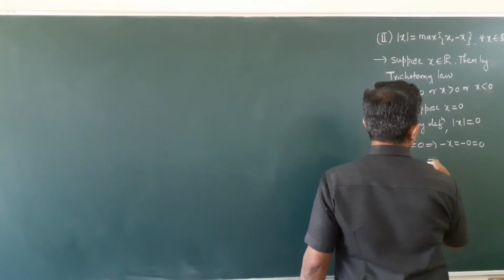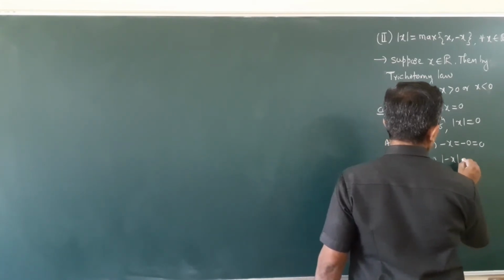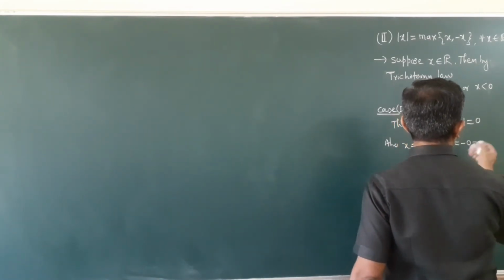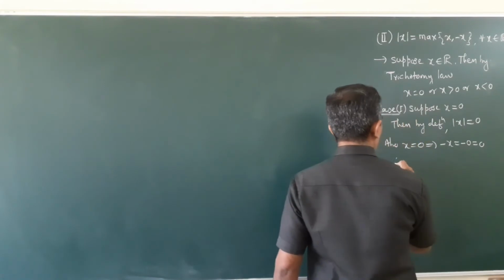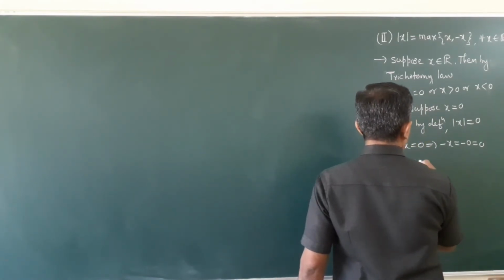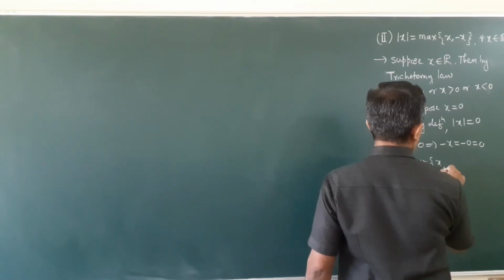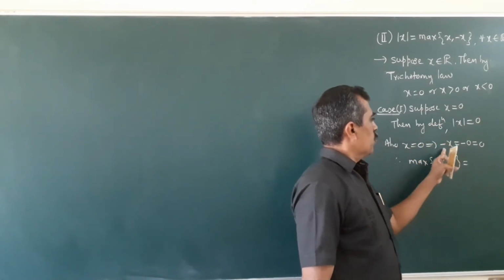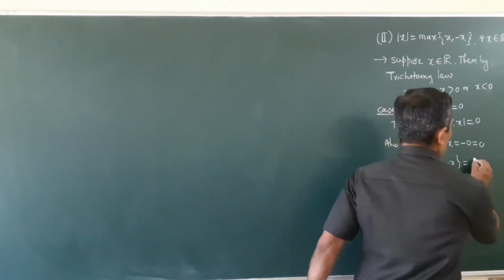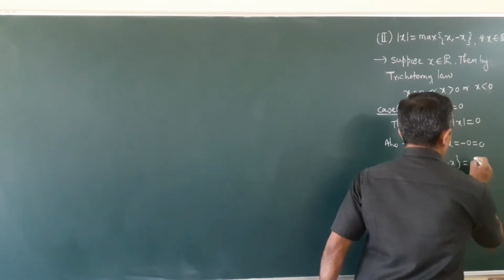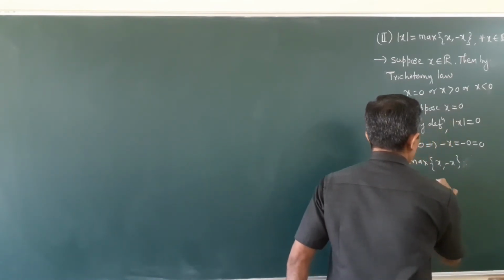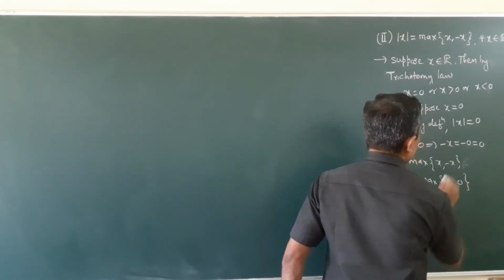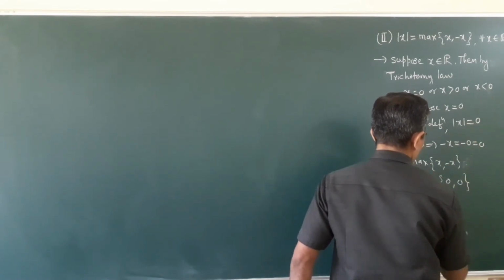Therefore, the maximum of x comma minus x is the maximum of 0 comma 0, which is 0, and that is mod of x.